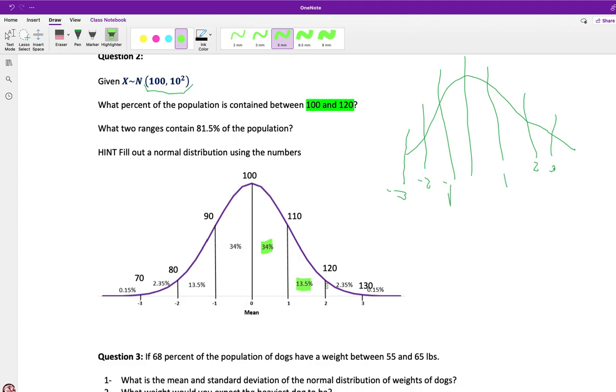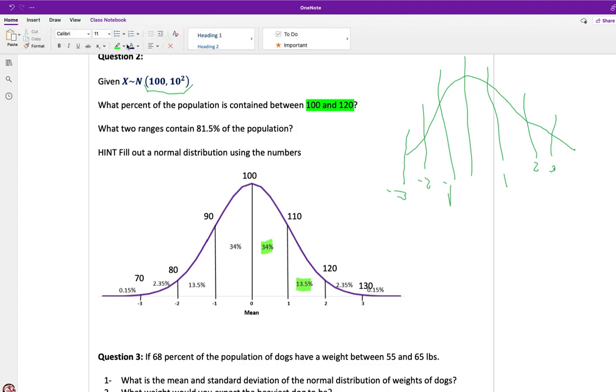Those two sections. I can't go over because we're over 120. I can't go under because we're under there. So I would go back here. And this is going to be 34 plus 13.5, which equals 47.5% of the population between 100 and 120.